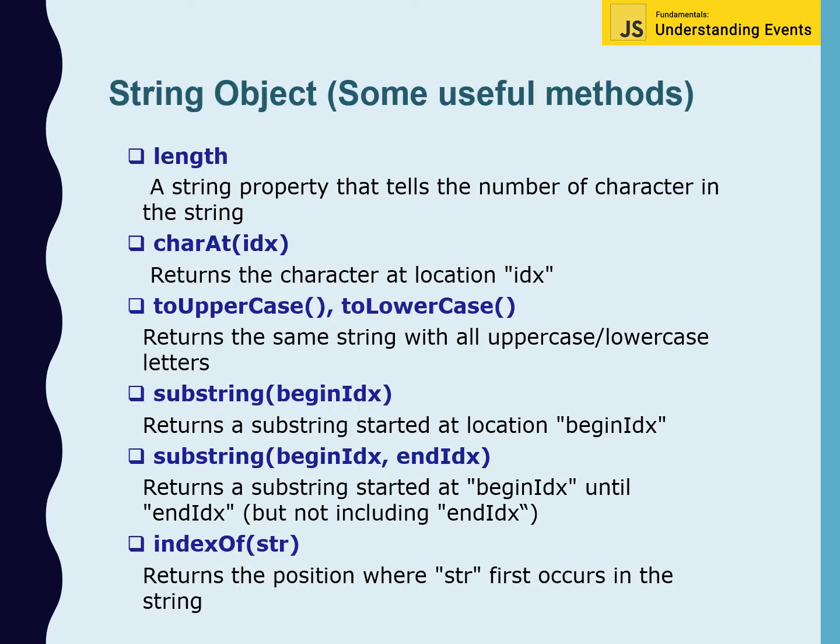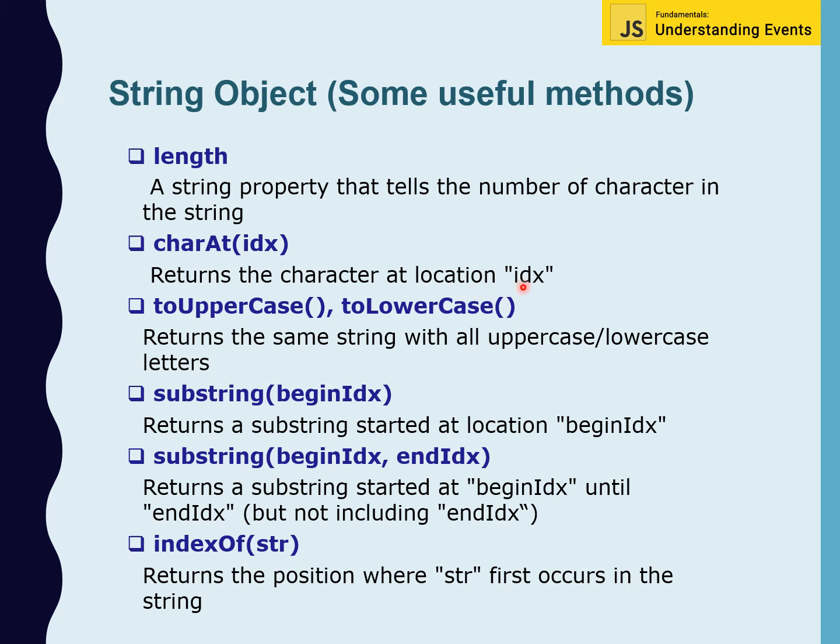Now we see some of the methods associated with the string object. First property is length, which tells the number of characters in the string. The next is charAt. charAt always takes an index value. So here the argument is a number. It returns the character at location idx.